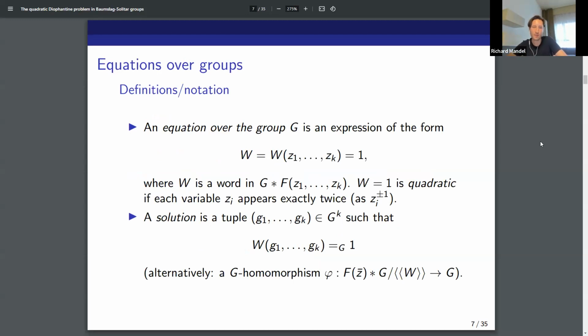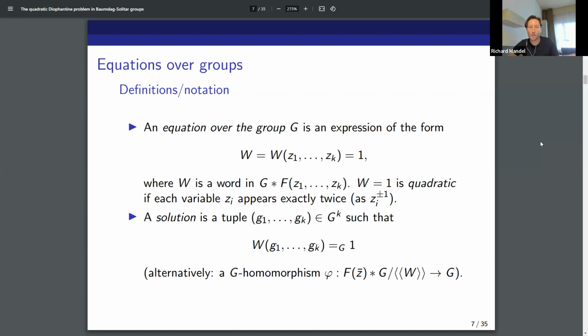One special kind of equation is what we will be talking about: the quadratic Diophantine problem. An equation is quadratic if each variable appears exactly twice. Either you find an x in one part of the word and an x in another part, or you find x inverse in another part of the word.